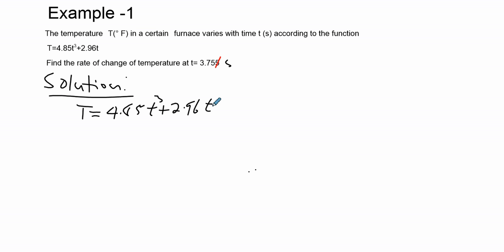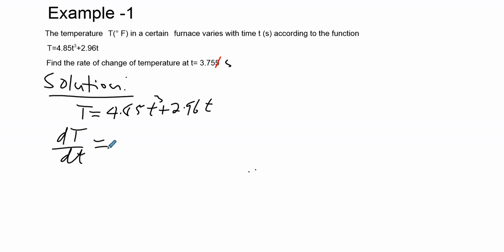In order to find the rate of change, which is a derivative, that would be dT over dt, where the capital T is temperature and the small t is time, equals the derivative of this.